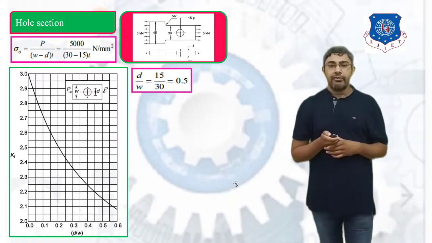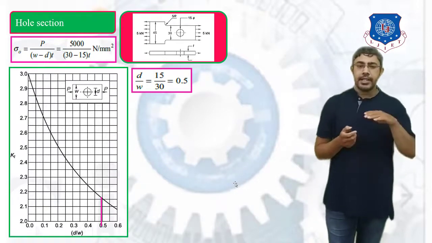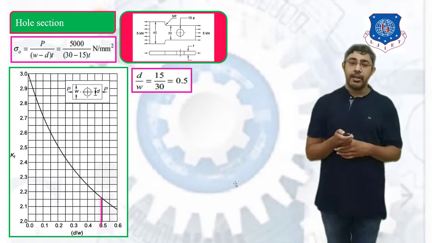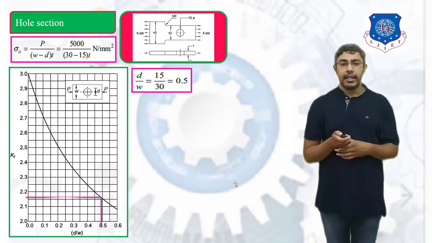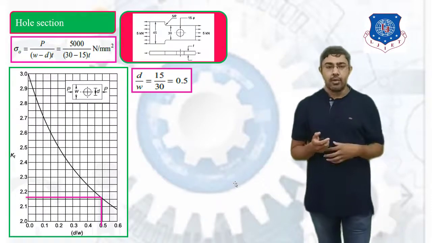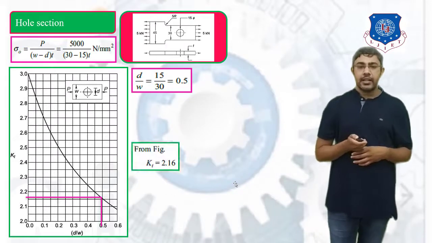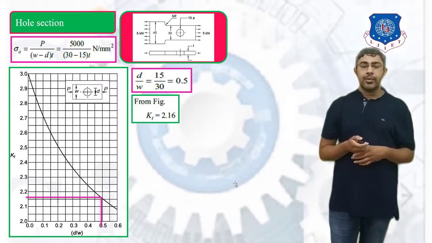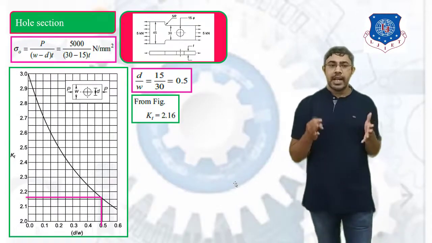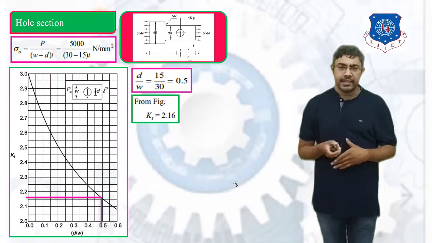From 0.5 we draw the vertical line which intersects the curve, and from the intersection point we draw the horizontal line to find the stress concentration factor. From the chart, Kt is equal to 2.16.